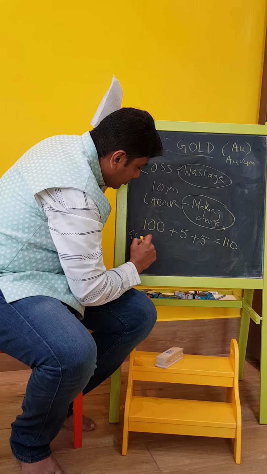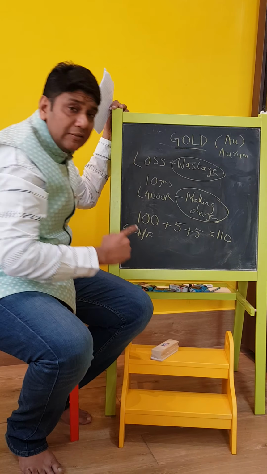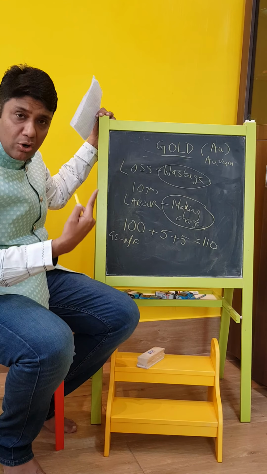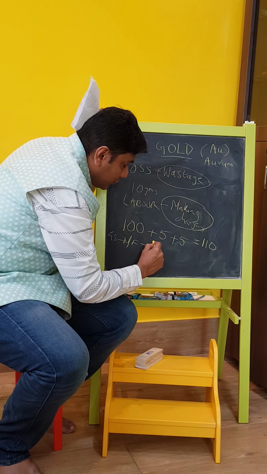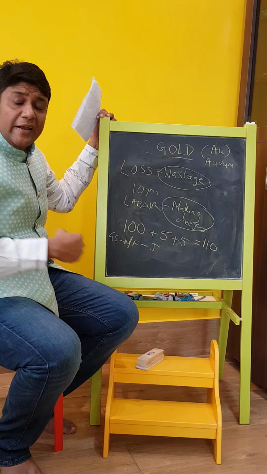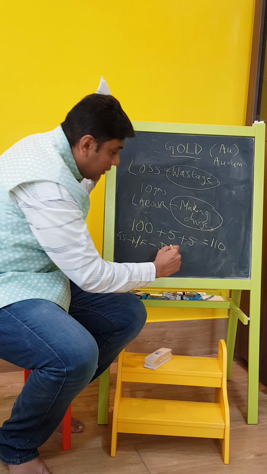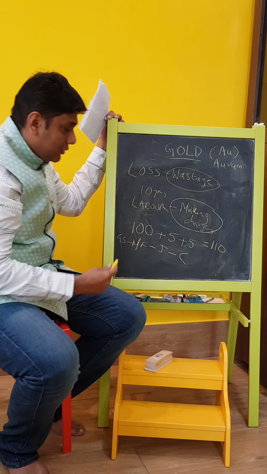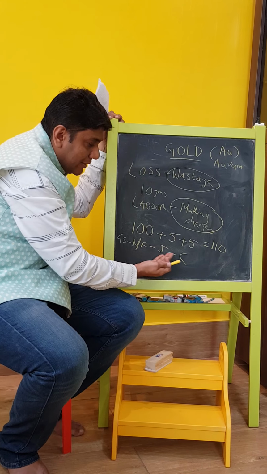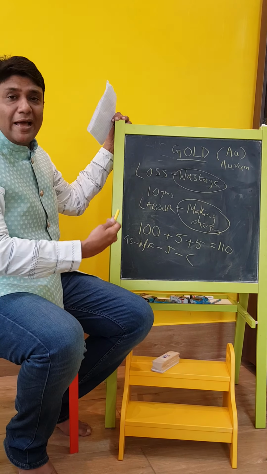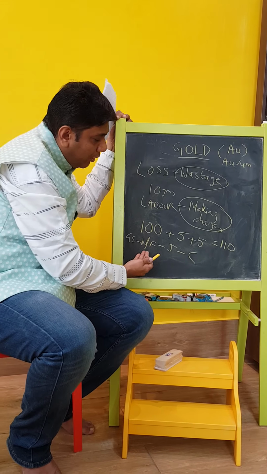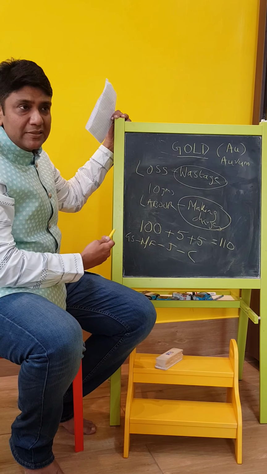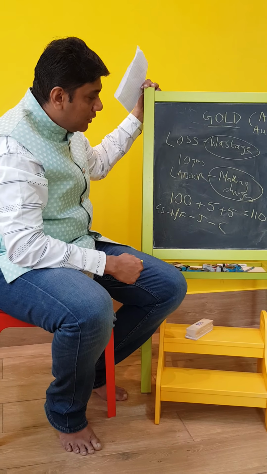The manufacturer, at what cost does he give it to the jeweler? And at what cost does the jeweler give it to the customer? So at every stage, some profit has to be included for all these people to survive. This is the supply chain.